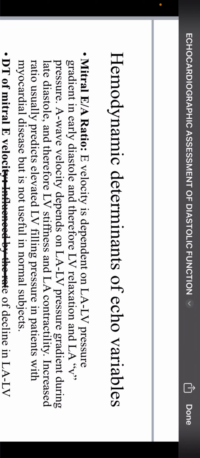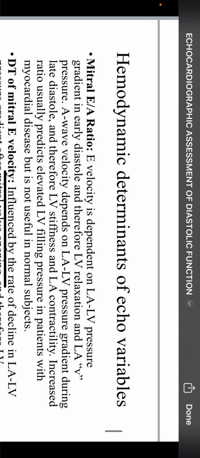But in physically healthy subjects it loses meaning, because in athletes doing aerobic exercises we can find an EA ratio of around 2.5 or even 3. So in healthy individuals, it is useless. But in sick elderly patients, it is very important in deciding and grading diastolic dysfunction.